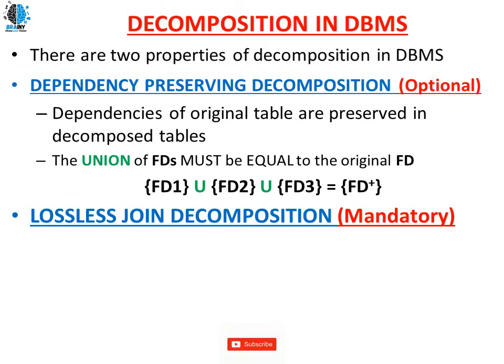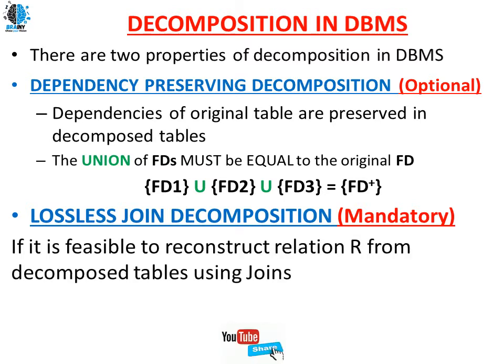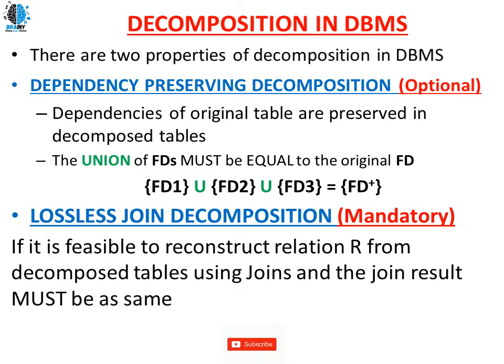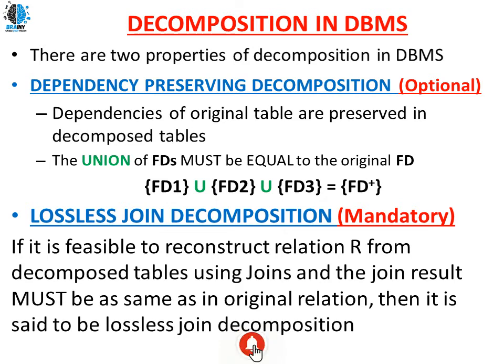So let's see lossless joint decomposition, which is the mandatory property of decomposition, which says that if it is feasible to reconstruct relation R from decomposed tables using joins, and the join result is the same as the original relation, then it is said to be lossless joint decomposition.